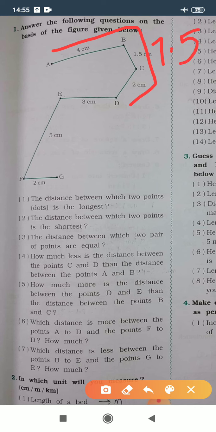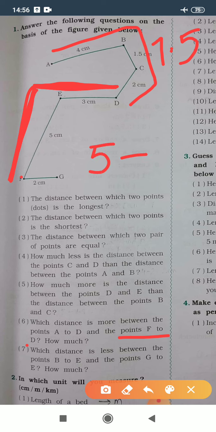Okay, now we need to calculate from point F to D. Point F to D. That means this distance we need to find. For that we need to add F to E and E to D. That means 5 plus 3. So 5 plus 3 gives you 8.